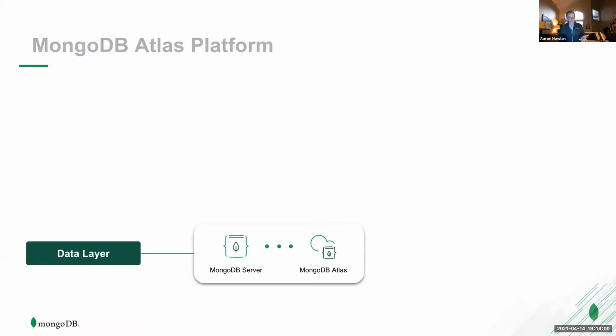But Mongo Atlas is truly a database or data layer as a service. We like to think of it as an intelligent data platform. Of course, the heart of it is the MongoDB server. I think a lot of you have probably worked with Mongo database itself, potentially for a long time.